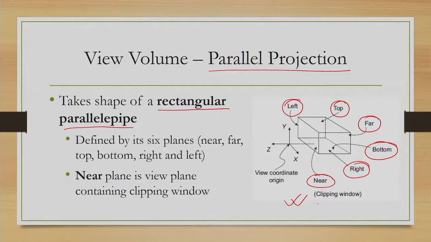Now, this near plane is also the clipping window. So, essentially it is the view plane containing the clipping window. So, in case of parallel projection, we define view volume as a rectangular parallel pipe defined by 6 planes, and the near plane is the view plane containing the clipping window.